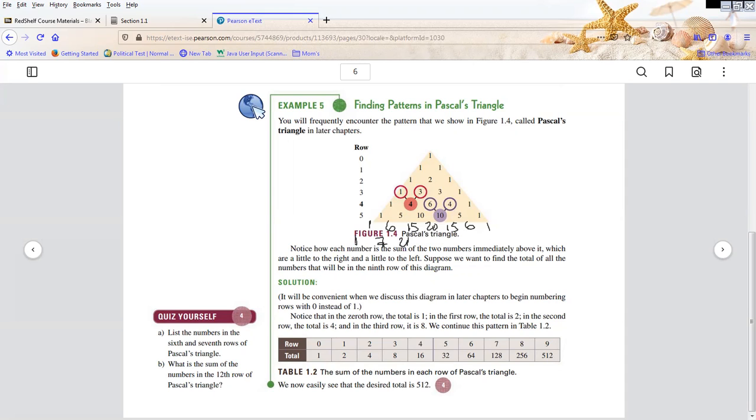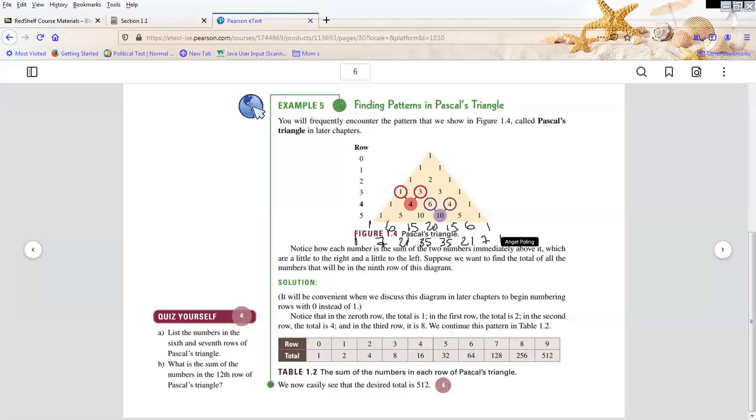15 plus 20 is 35. 20 plus 15 is 35. 15 plus 6 is 21. And 6 plus 1 is 7, and we always end the row with 1.